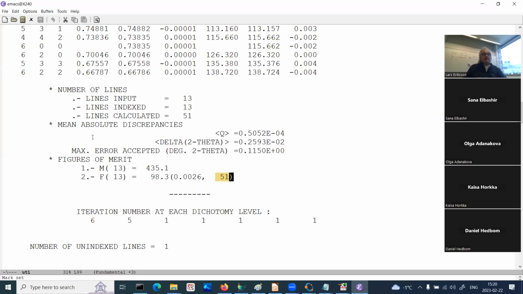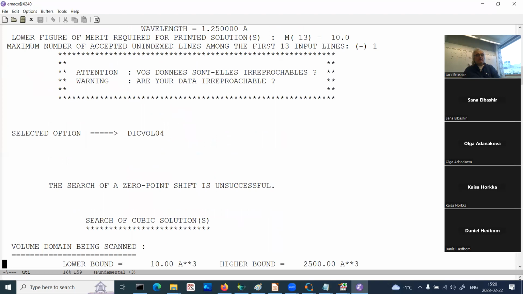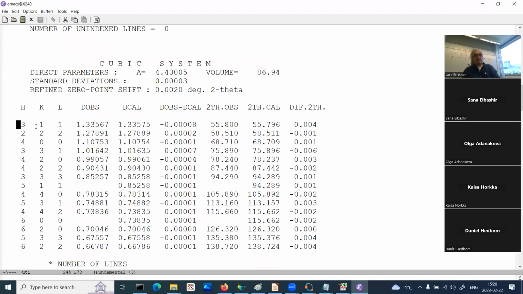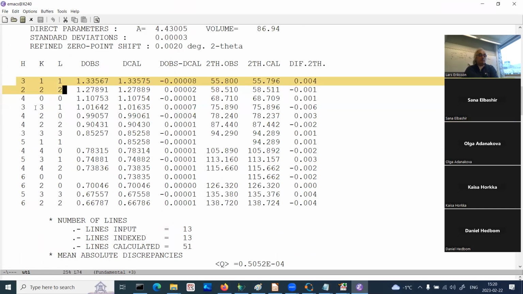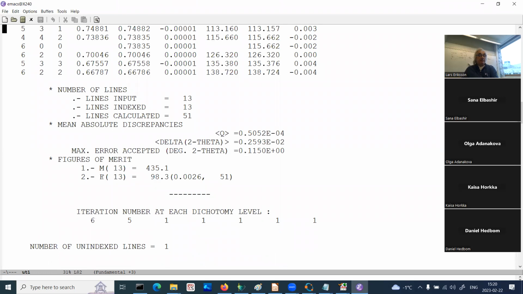But since we have either all even or all odd, that means that we have an F-centered lattice, and we should divide the number of theoretical reflections by approximately 4. So then suddenly 51 divided by 4 is approximately 13. Obviously, all reflections were visible.